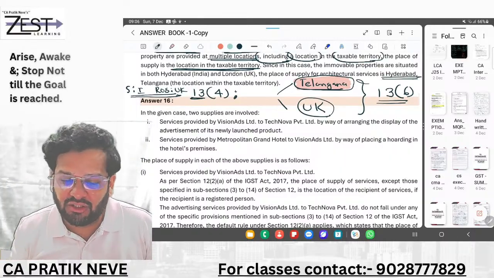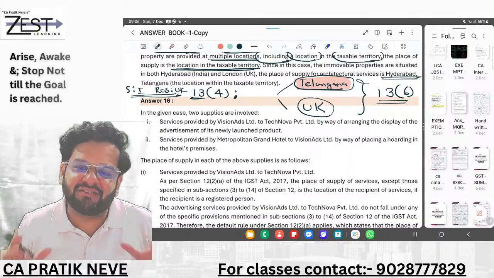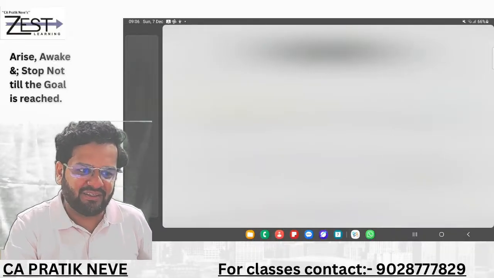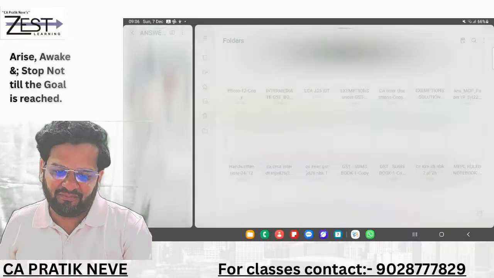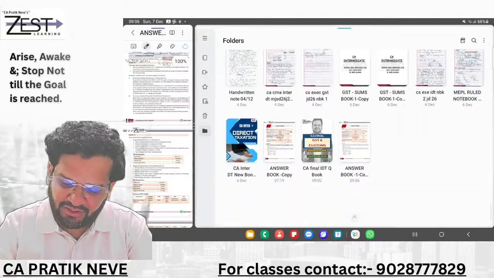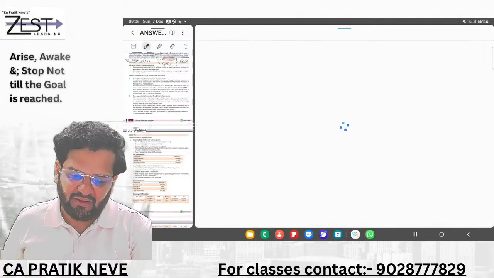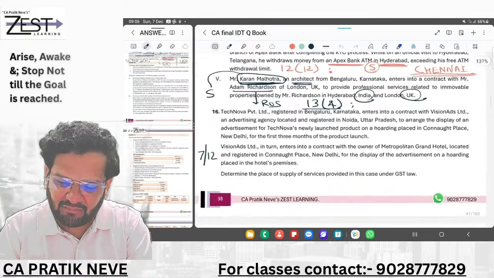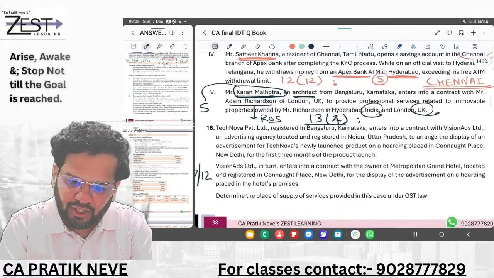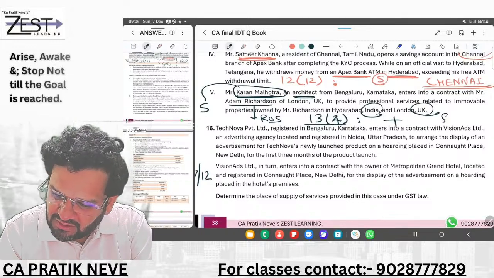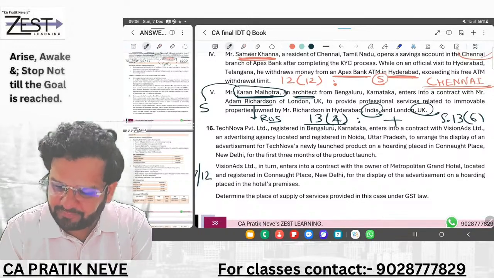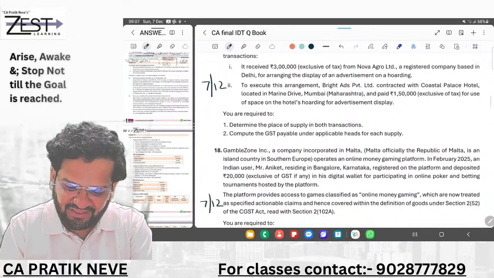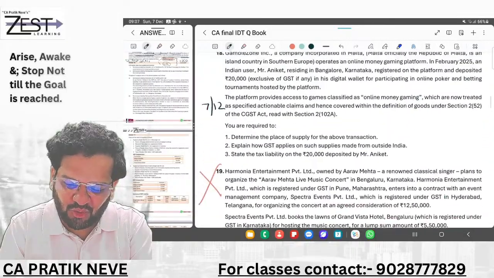That is the location in the taxable territory. Is it 100% clear to all my students? So amazing point, easily missable point. Please remember that properly. So we had to apply 13.4 plus 13.6. So friends, 3 more questions to go.